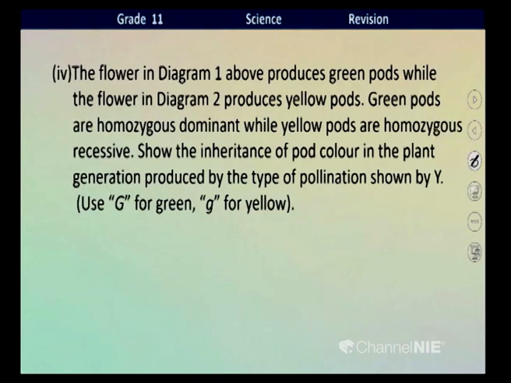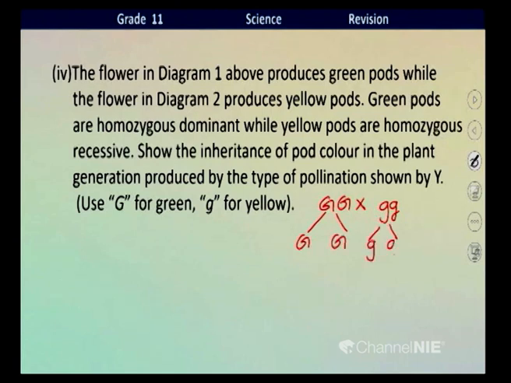F1 generation produced by the type of pollination Y. Y is cross-pollination, children. If G letter stands for green pods, we can have capital G for the green parents. Then simple g for the yellow parents. Then these are the gametes of them.